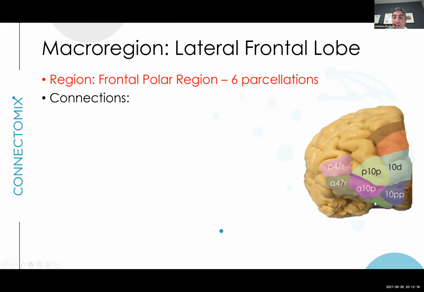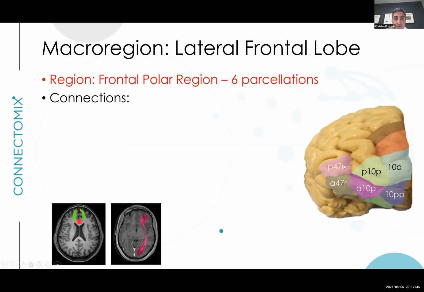We've got 4 parcellations composed of the 10s: 10pp is the most anterior parcellation, then 10d, posterior 10p, anterior 10p, and then we've got 2 47 parcellations, anterior 47r and posterior 47r.